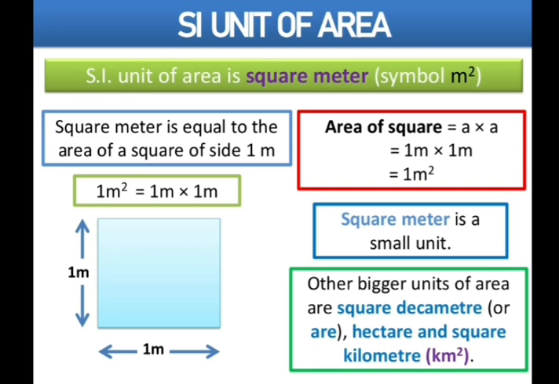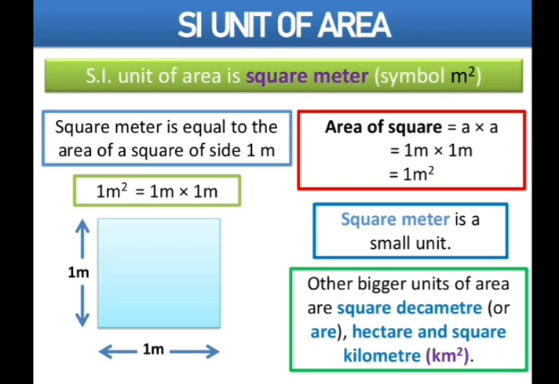Now if we want to find the area of a field or a playground, this square meter is a smaller unit, so we need some bigger unit also. Such units are square decameter or hectare or square kilometer.